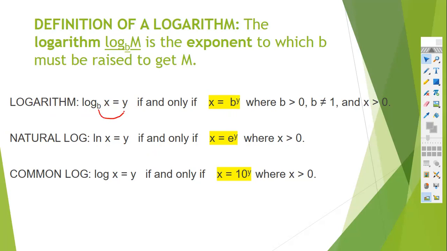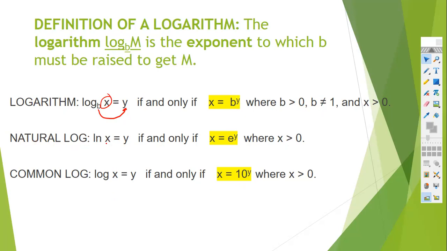The power of your exponent is the output of the log. So the base of my log is b, the output is y, and what's left is the solution of your exponent. This works for a log of any base, as long as b is not equal to 1 and is greater than 0, so positive.